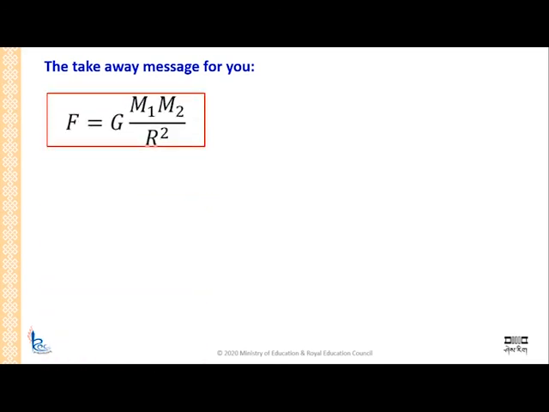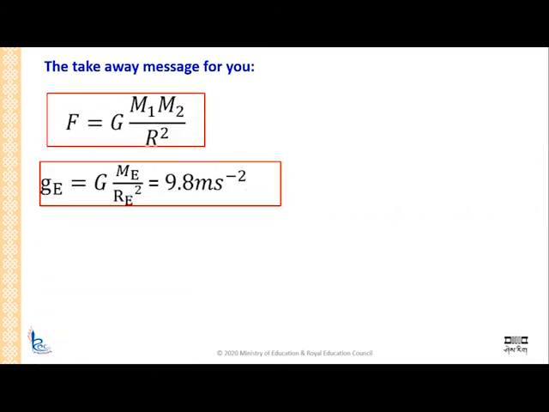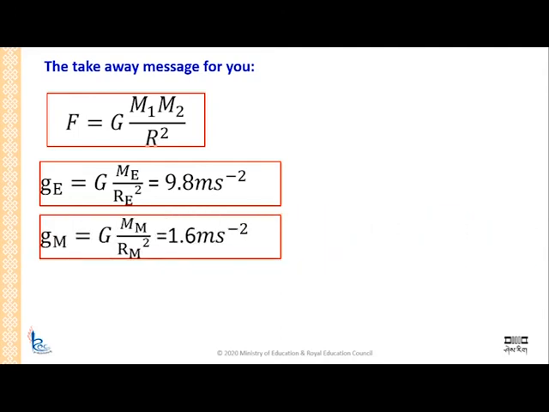Okay, now the final few things for this. The force of attraction between two masses is given by the formula F is equal to G m1 m2 over r square. ge is the acceleration due to gravity on the surface of the earth, which is given by G Me over Re square. gm is the acceleration due to gravity on the moon, which is equal to G Mm over Rm square, which is equal to 1.6 meter per second square.